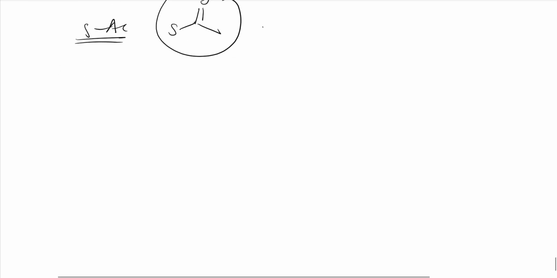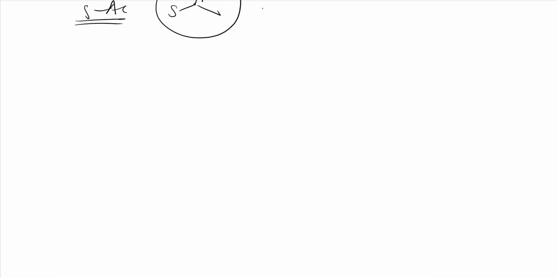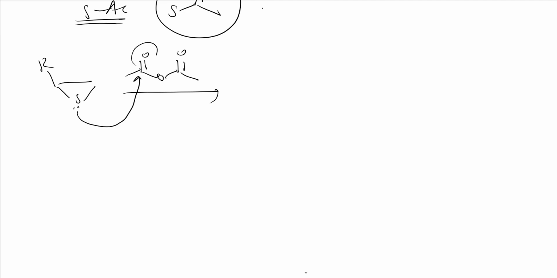Further, let us see one more electrophilic reaction. That is, I'll take this thirane only with R. Here, I'll add an anhydride, right? So here it attacks, it comes back again, and this is a good leaving group, it leaves the system. So what I'll get is this kind of compound.